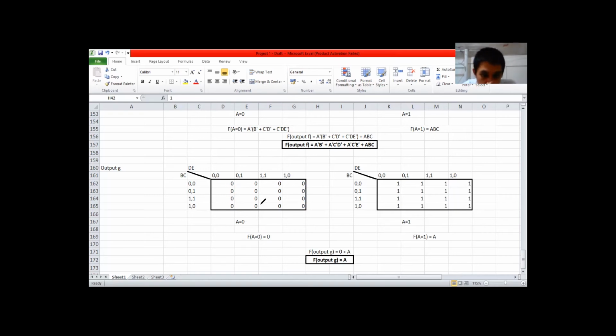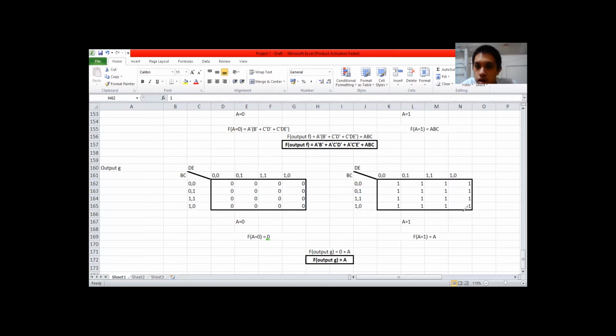Therefore, it follows that if A is equal to 0, the logic function that we can make in SOP is just 0, because all of the cells in this part of the K-map are 0.